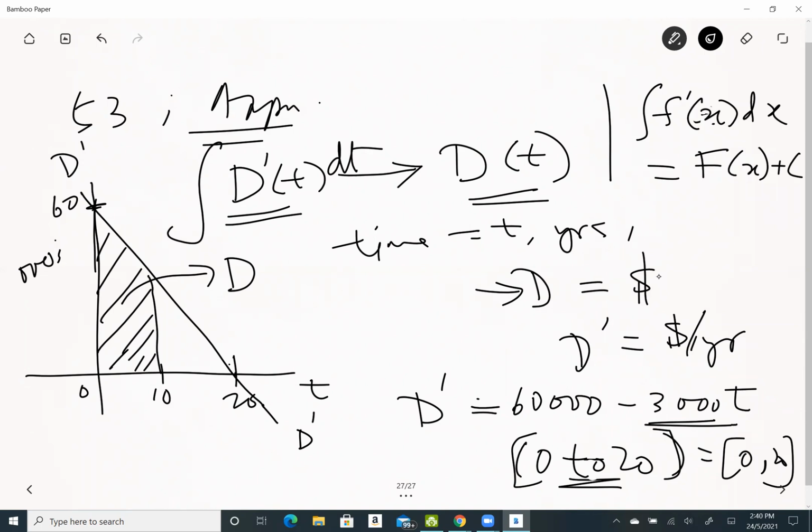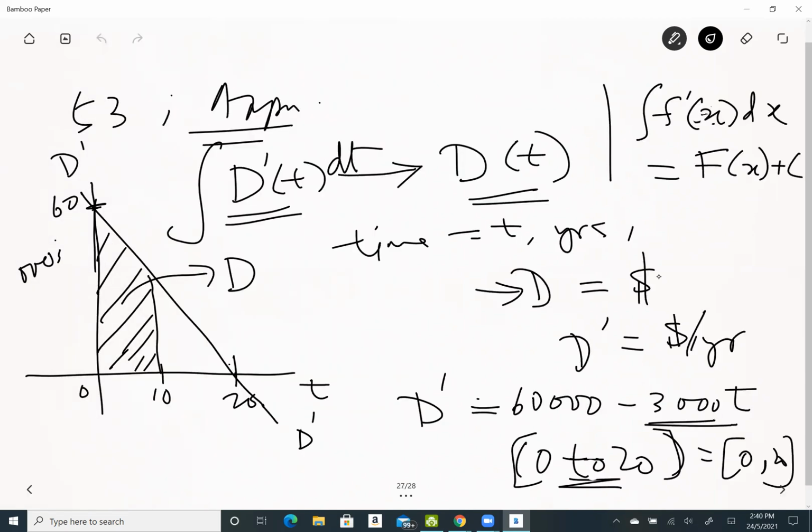And D is depreciation because it corresponds to the application. So in order for us to find D, it's equal to the integral from 0 to 10 of the function here.